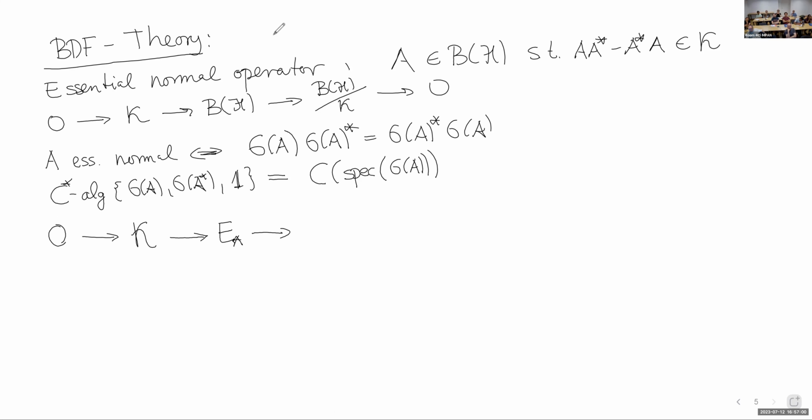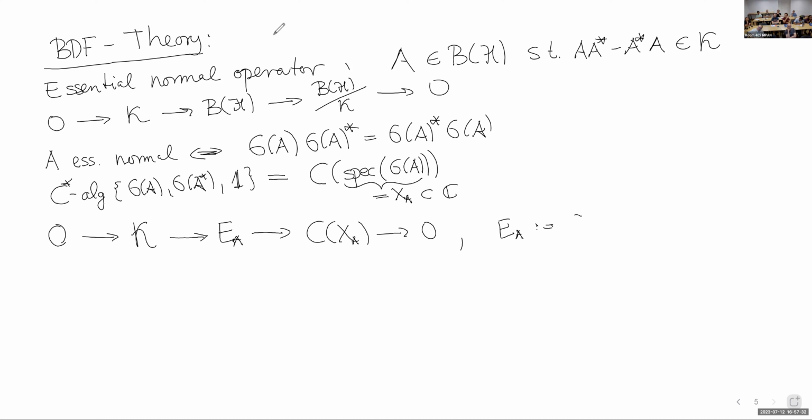To shorten notation, let's call it X_A, a compact set in the complex plane, C(X_A), 0. Here is the C star algebra which I obtain from the extensions.